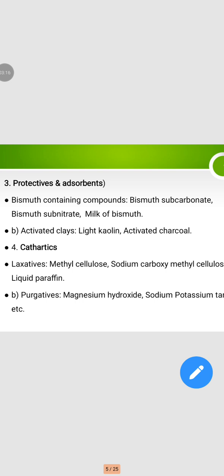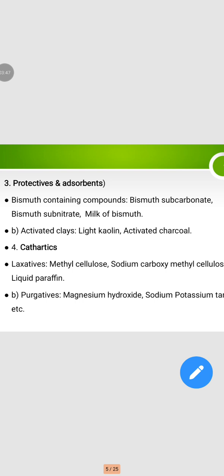Then activated clays, example light kaolin and activated charcoal.